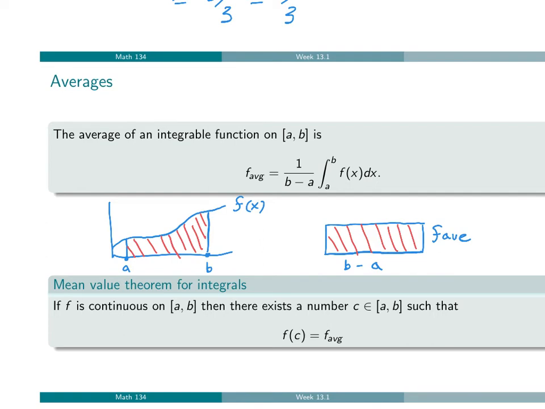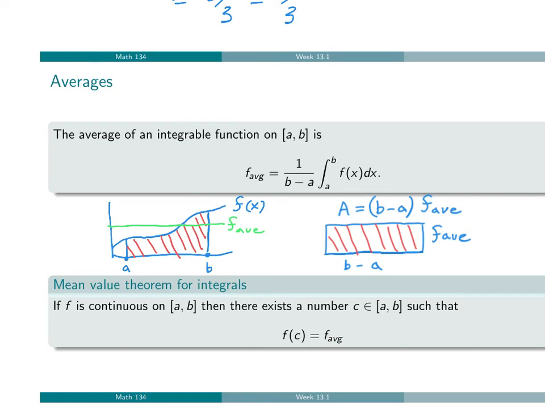That line would be something like maybe this line right here. That line would represent F average. And this makes sense because the area on the right-hand side is equal to B minus A as the base of the rectangle multiplied by the height of the rectangle, which is F av.